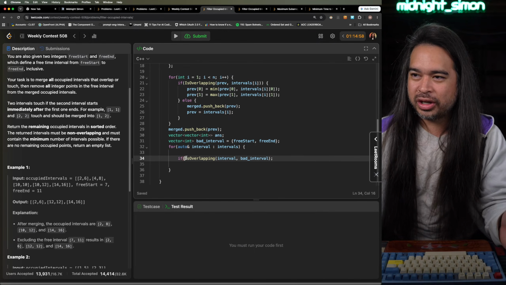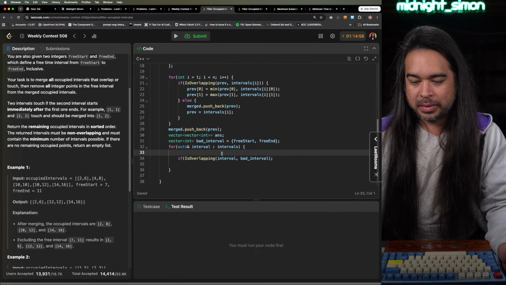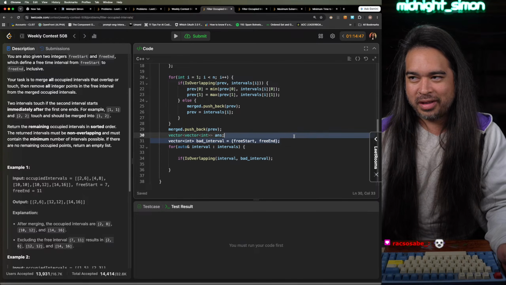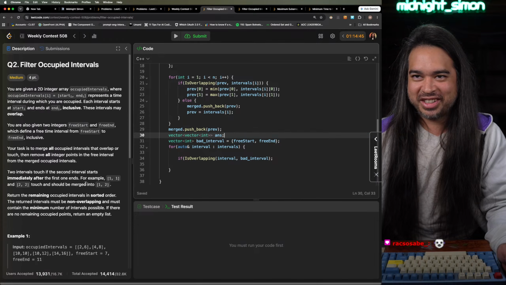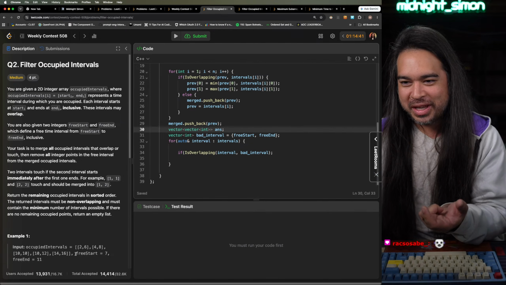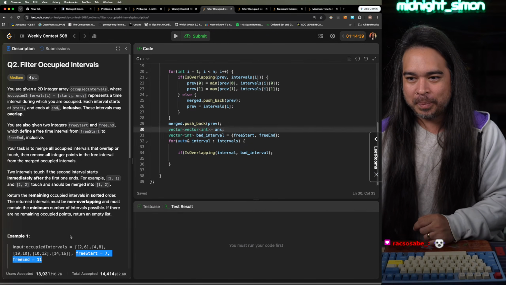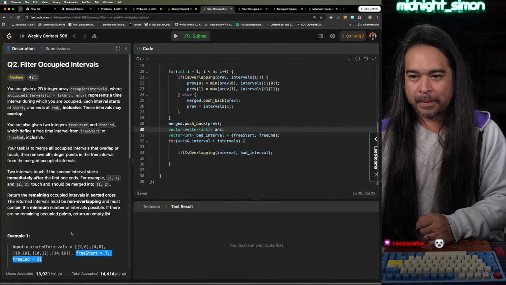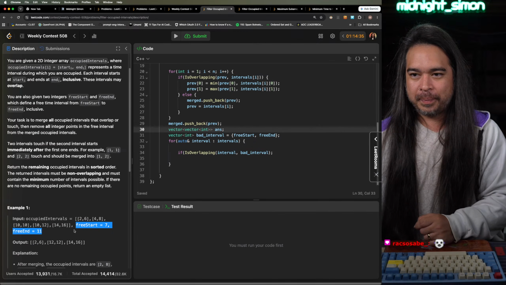I gotta cut it up too. I think I'm thinking about this too much, and I gotta simplify it a little bit. I'm just trying to take out that one interval, man. How hard could it be? Right?